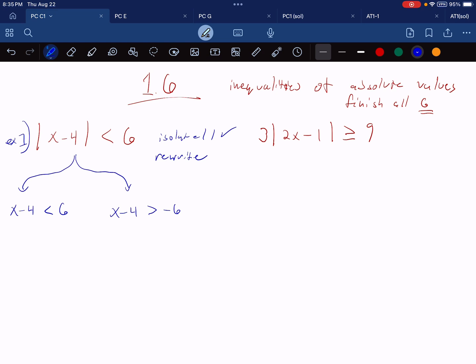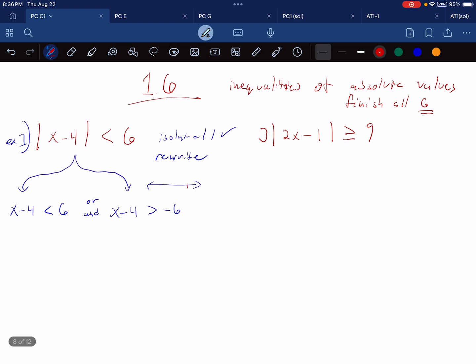Now, the question is, is this an or or an and statement? Do both of these statements have to be true, or does one or the other? If we are both less than 6 and greater than negative 6, notice what's happening on a number line. This isn't the solution, just thinking about this overall.